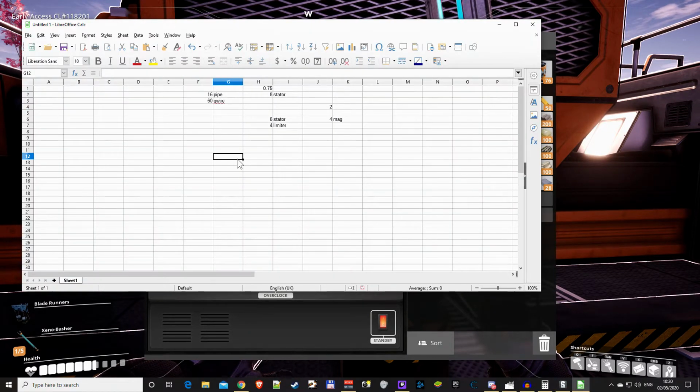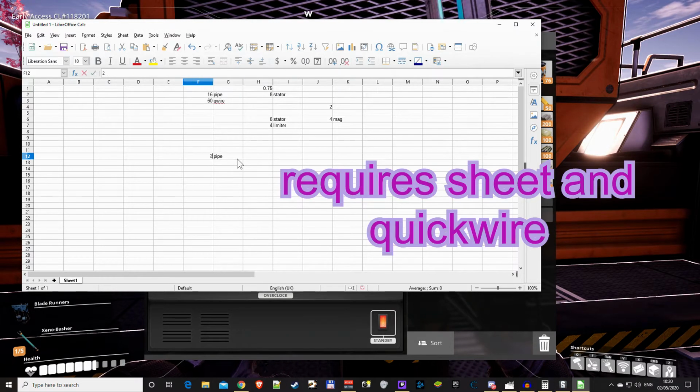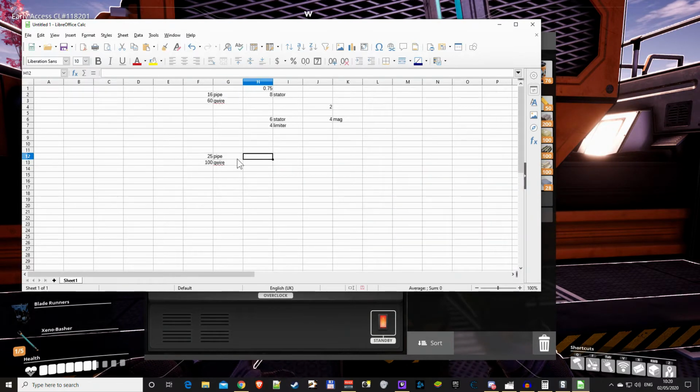Was it quick wire again? Limiter 5 was there. The multiplier here is 4 on 5.